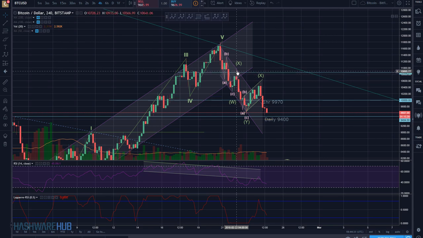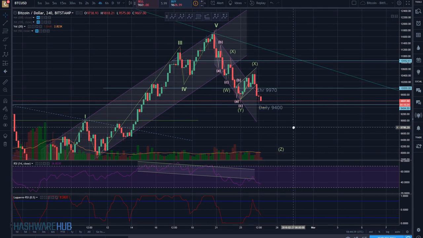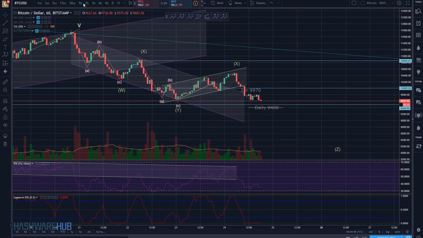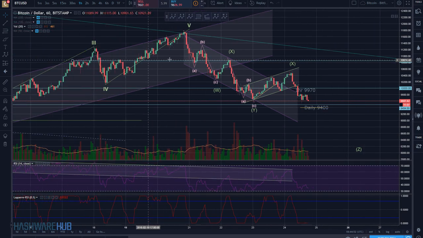Right, you could, because it's only wicks that cover, and then you could say that this is an A, possibly a B, and that we're going to have a C down here. Yeah, it's a possibility on a longer time frame. On the shorter time frames, like an hour, it just doesn't really seem to match up as well.